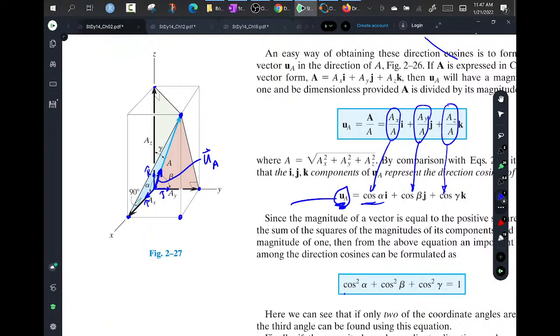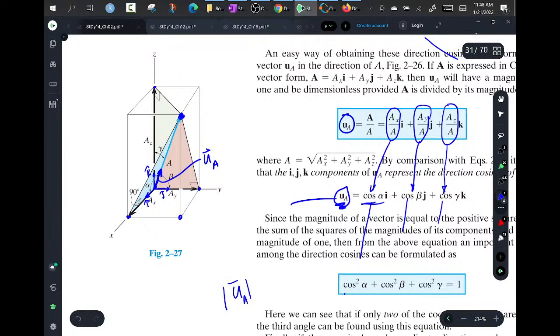I keep calling it a base vector, but actually he's right. I guess I'm wrong in that. This is what's called the unit vector, directing you directly to the point A. And from the relationship we had before, the cosines help us. Now, if you look at the length of the base vector, it was set to be 1.